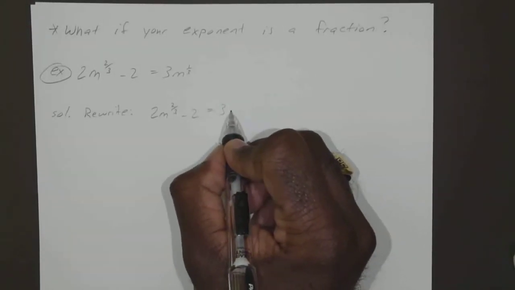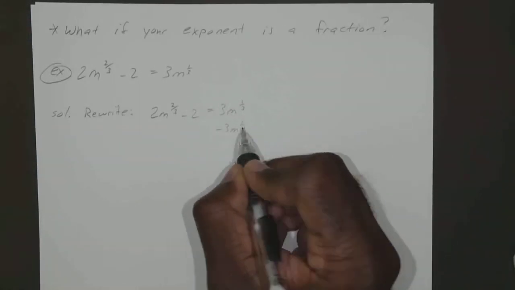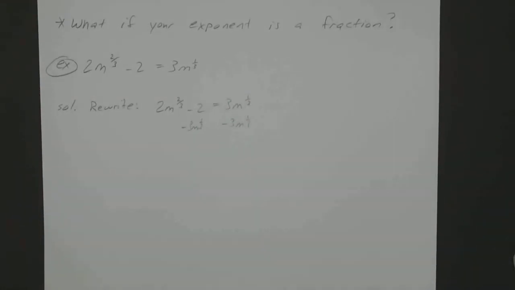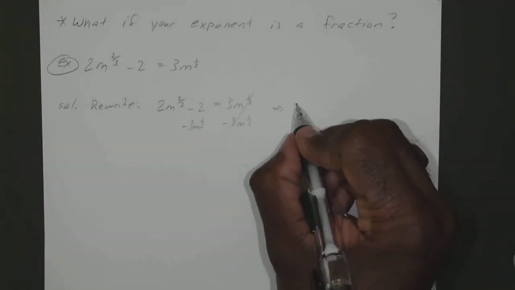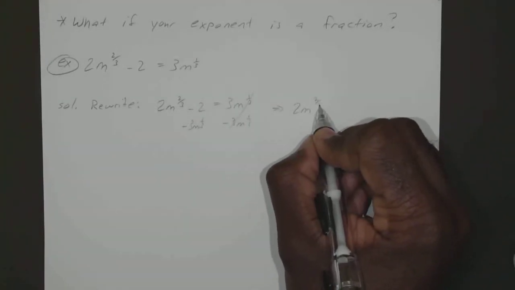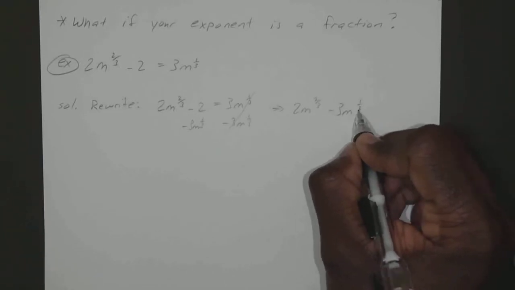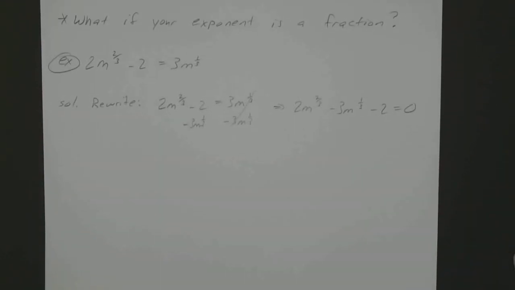If we subtract 3m to the 1/3 from both sides, that becomes 0. So you have 2m to the 2/3 minus 3m to the 1/3 power minus 2 equals 0.